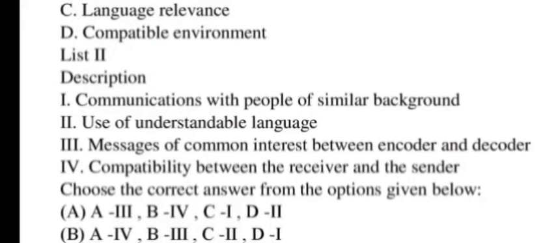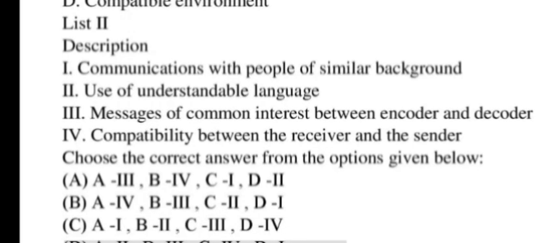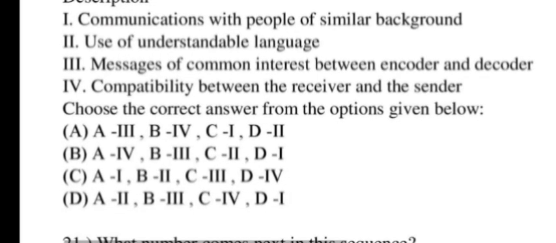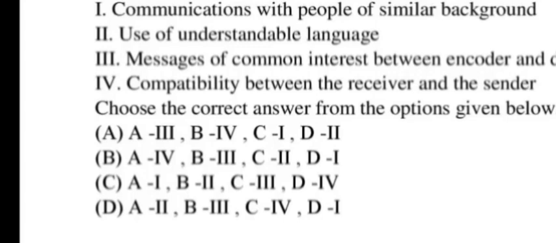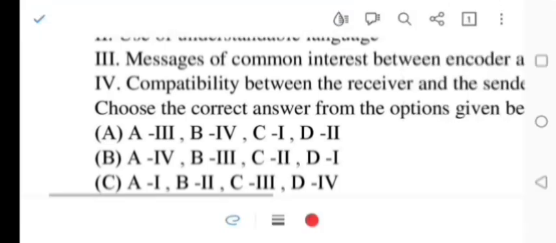And number 4 says compatibility between the receiver and the sender. Now choose the correct answer from the options given below. Number 20, it says A3, B4, C1, D2, A4, B3, C2, D1, A1, B2, C3, D4, A2, B3, C4, D1. Got it? Now choose what? It will be A4, B3, C2, D1. That means number B will be correct.